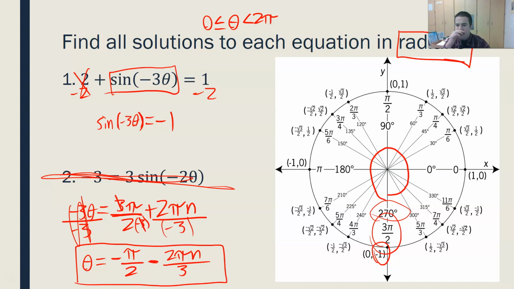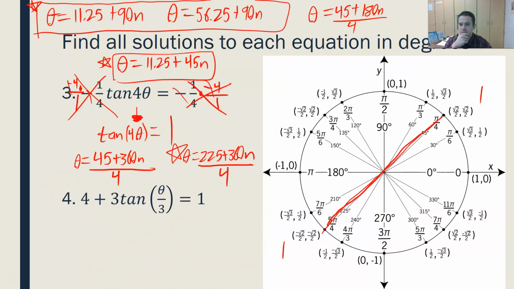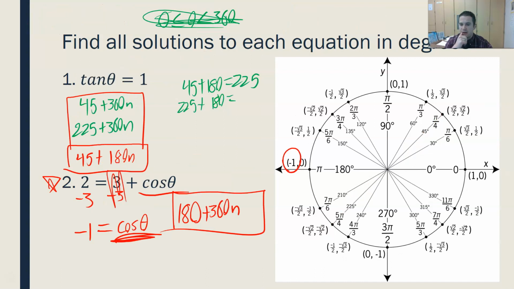If I were to go back to one of these, for example, this answer right here, where I had the cosine of theta equals negative 1, I'd be able to have the same solution here if I did it in radians. Instead of 180 plus 360n, it would be pi plus 2 pi n. 180 degrees is equal to pi, 360 degrees is equal to 2 pi.